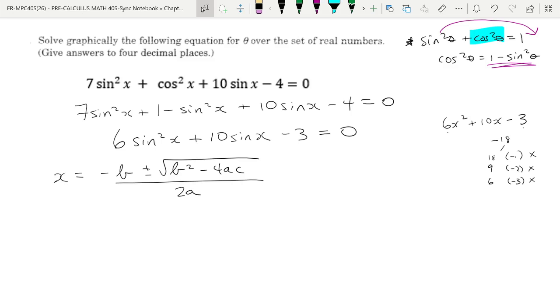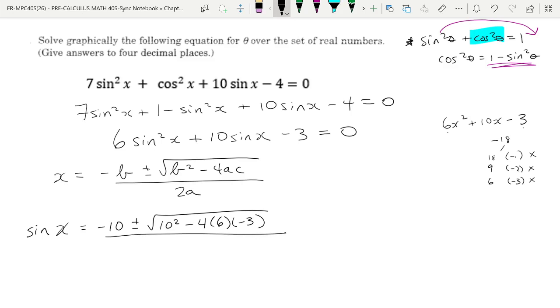Okay. So b is 10. And by the way, instead of x, I can say that this is sine of x. Sine of x is my variable here instead of just x. So sine of x is equal to negative 10 plus or minus the square root of 10 squared minus 4 times 6 times negative 3 all over 2 times 6.